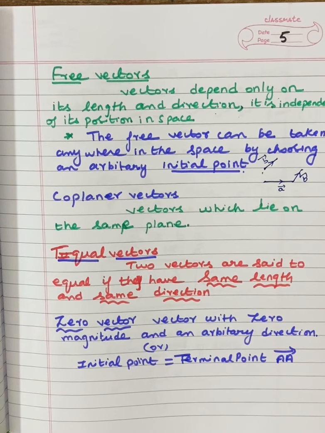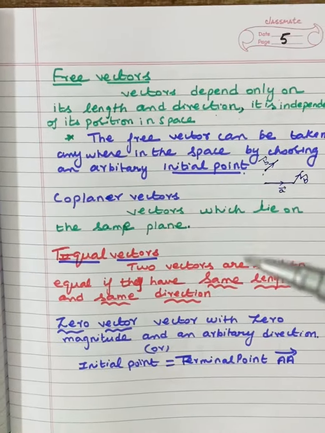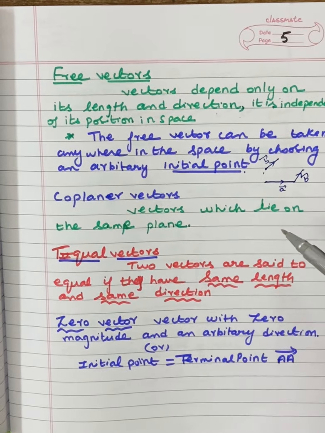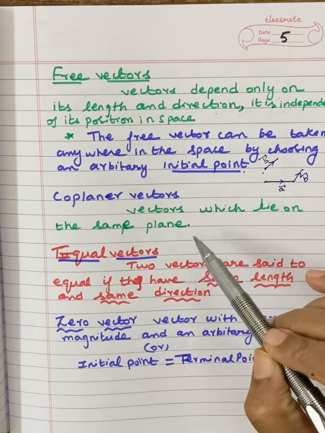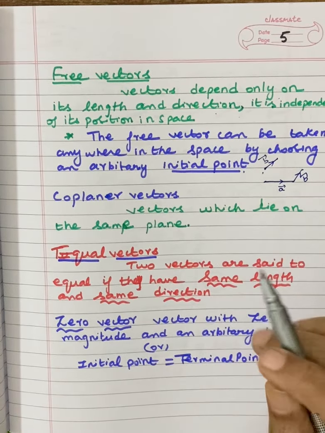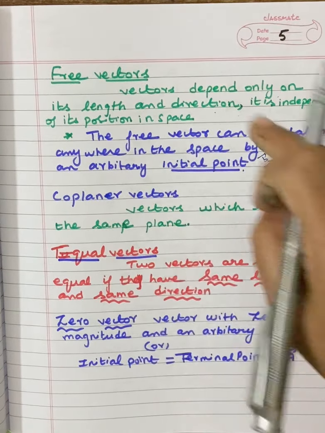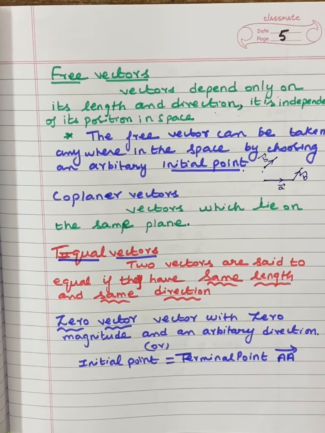Coplanar vectors. Vectors which lie on the same plane are called coplanar vectors. Suppose this is a plane; here we can draw many line segments, and those vectors are called coplanar vectors. Equal vectors.